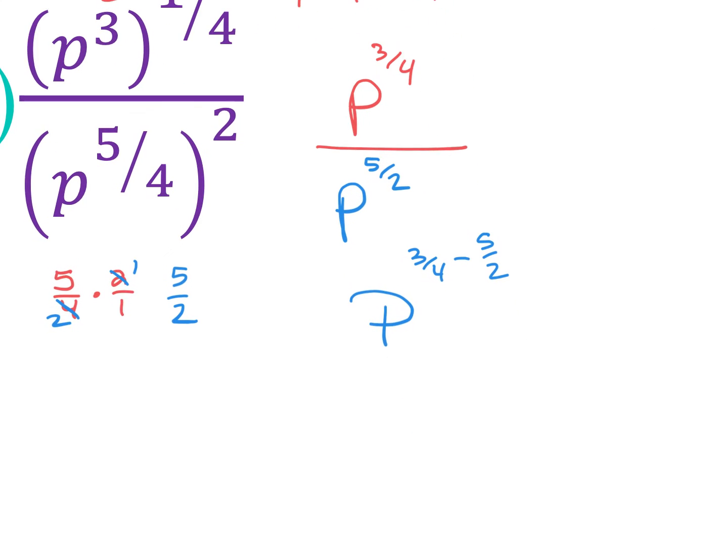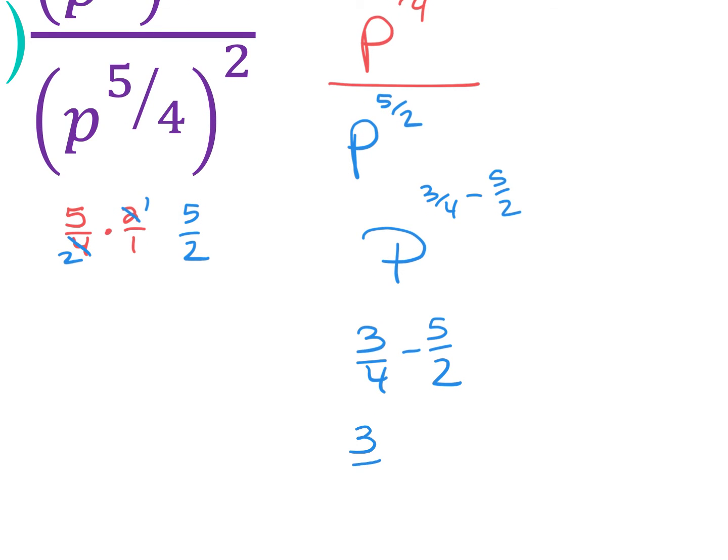So I need to subtract 3/4 and 5/2. Common denominator will be 4. So this one stays the same. This one, I'm going to times it by 2. And then I get negative 7 over 4. So now I have p to the negative 7 over 4 power.